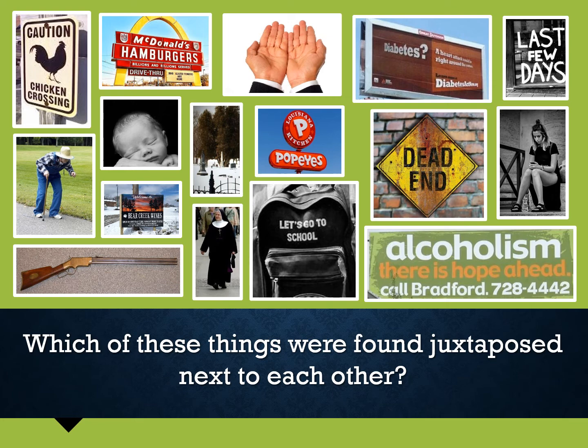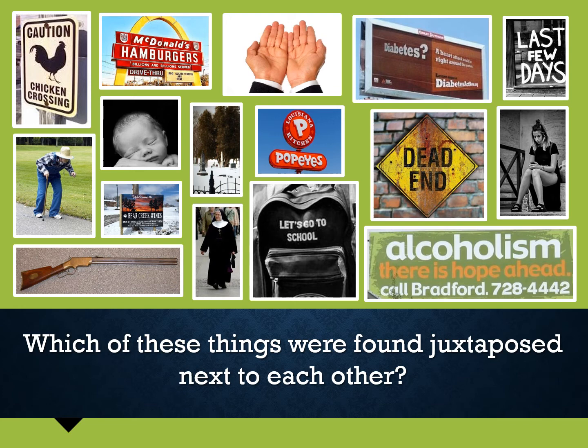But two of these things will be found together in one photograph, and I will show you the photographs later. For now, I want you to study those pictures and pair them up. Which of these things were found juxtaposed next to each other in a single photograph?